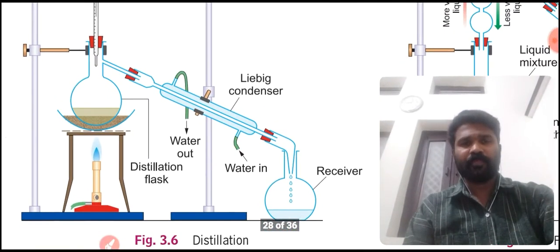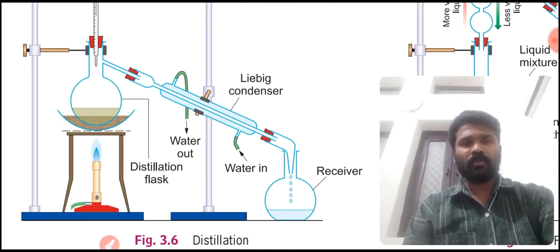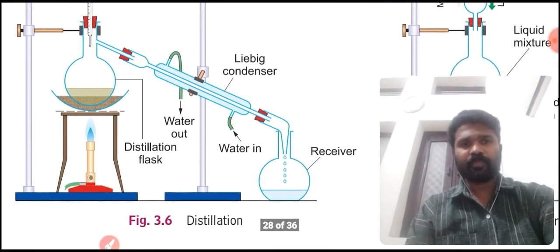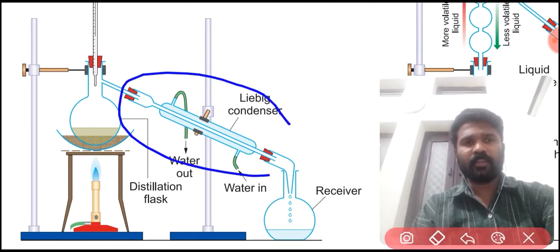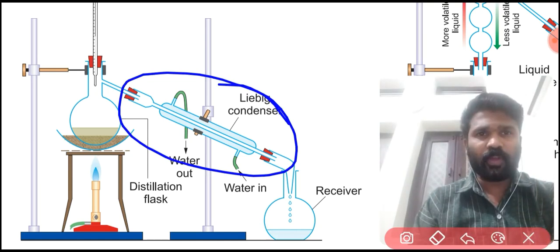Here we can see the water, the solution is collected in a round bottom flask. And Liebig condenser, which one is the Liebig condenser? This is the Liebig condenser. Once we heat the solution, what will happen to it?